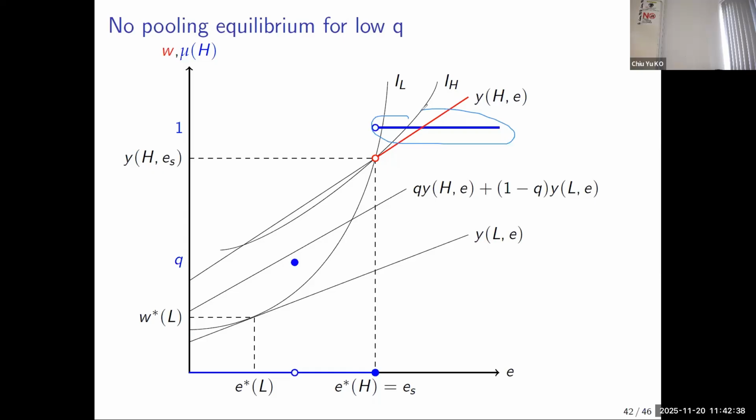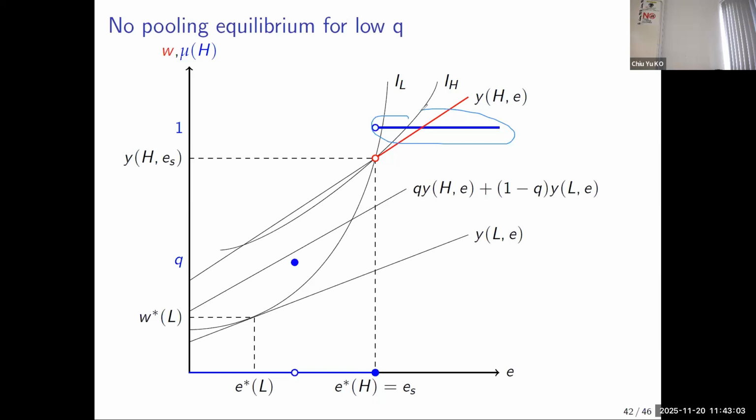And look at your high type, the indifference curve is here. And accordingly, this is the pooling, your status here. Right? So as long as your Q is low, so this line is low, it will be close to the bottom, right? Rather than to the top. Right?